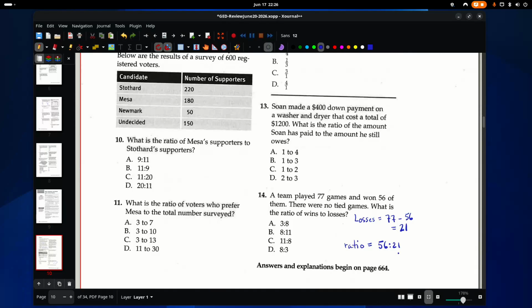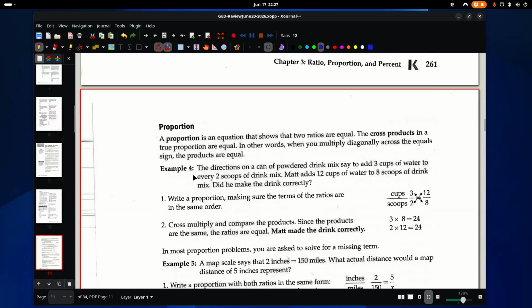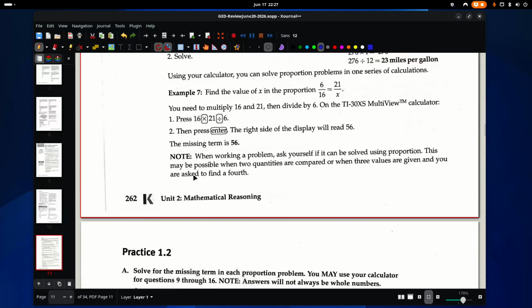So 3 times 18 gives us 54. So we can't divide that by, oh, we can divide by 7. Oh, silly me. Of course we can divide by 7. So 8 to 3. Yeah, there we go. That took me way too long. I'm sorry. Okay, so 14D. It's been a long day. But that's no excuse. Okay.